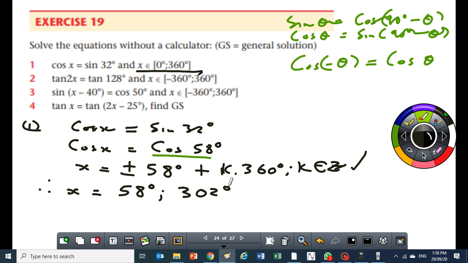Okay? If I put k equal to minus 1, I'll get values that are outside this interval, which means we only have two solutions. Okay? Those are the two solutions. Are you following? Okay.